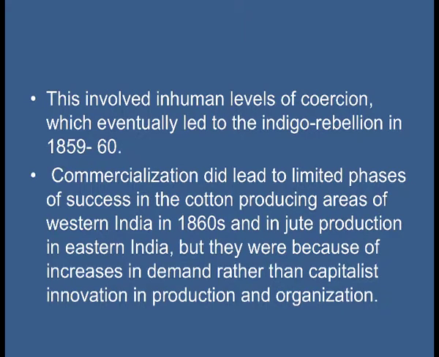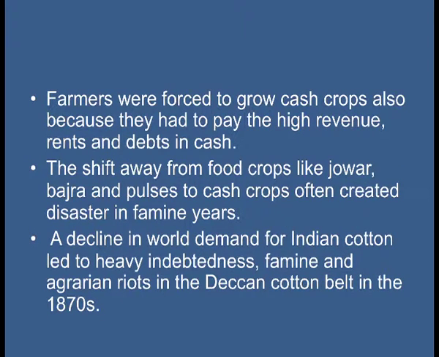Commercialization did lead to limited phases of success in the cotton producing areas of Western India in the 1860s and in jute production in Eastern India, but these were because of an increase in demand rather than capitalist innovations in production and organization. Farmers were forced to grow cash crops also because they had to pay the high revenue, rents and debts in cash.